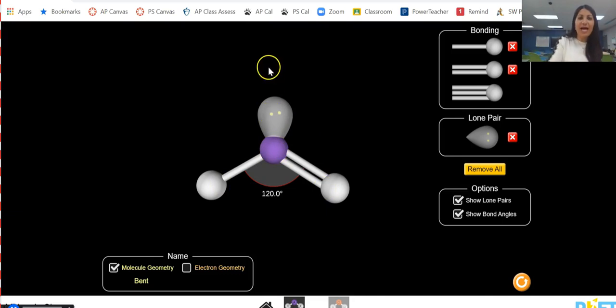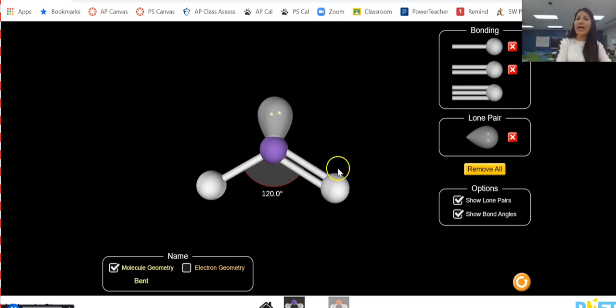If I did have a line going straight up, that would be trigonal planar, and 120 degrees times 3 equals 360. So this shape is called bent, and we've got 120 degrees. Remember that if we actually had real atoms in here, that could be an even smaller bond angle, depending on how attracted these are to each other, okay?